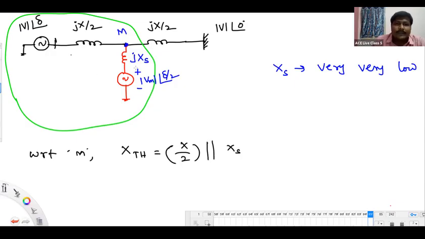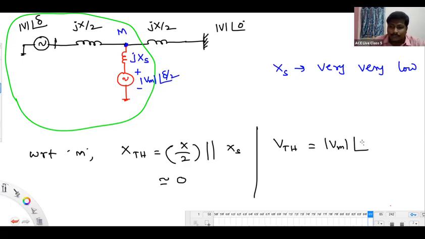X by 2 in parallel with Xs gives X Thevenin, and since Xs is very low, X Thevenin will be very close to 0. And V Thevenin is nothing but the midpoint voltage value only.